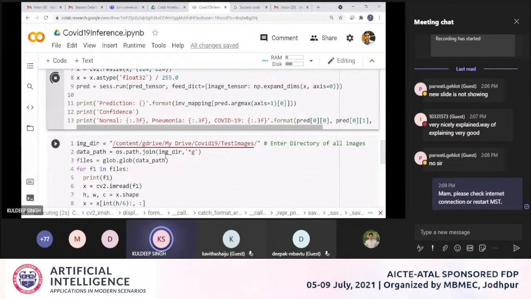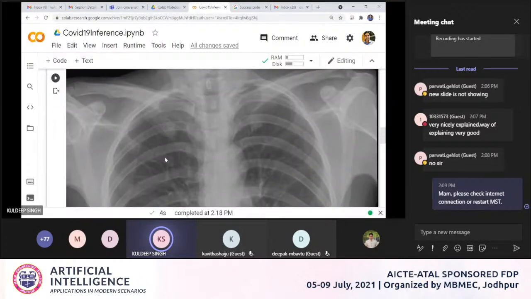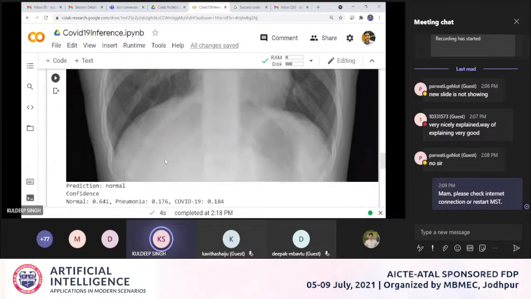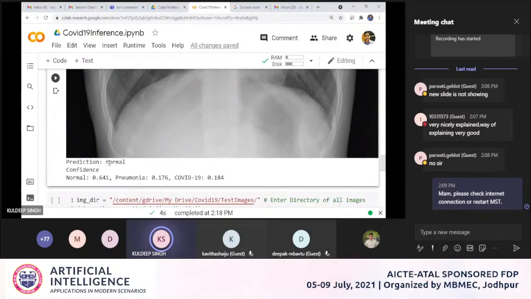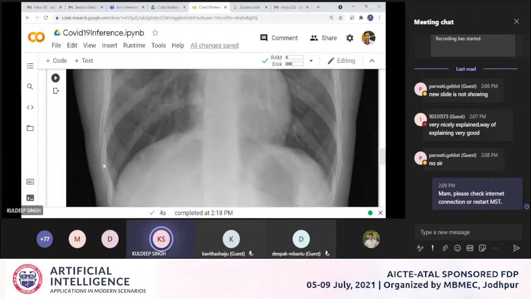Let's see what score comes. So that's the chest X-ray and that's the prediction. It's for normal, since the score for the normal category is highest among these three classes. That's why it is being classified as the normal category.